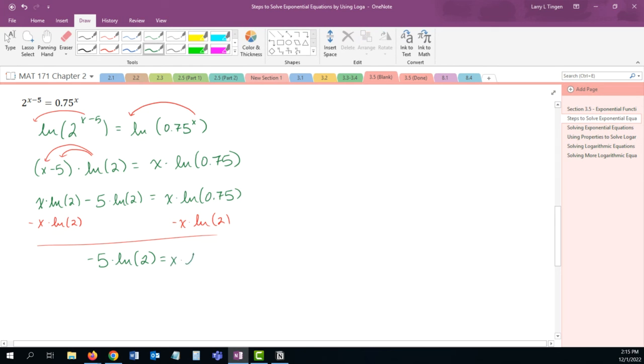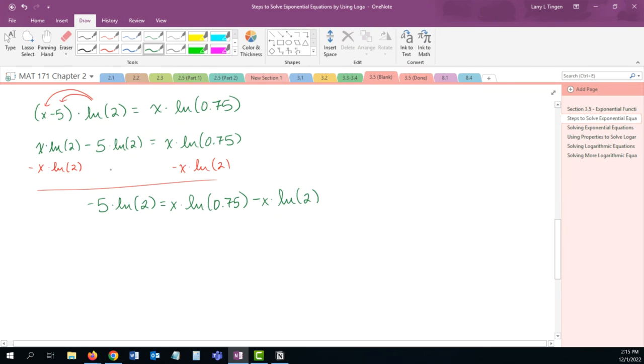I have x times the natural log 0.75 minus x times the natural log of 2. Now, everything on the right has an x in it. Everything on the left does not.